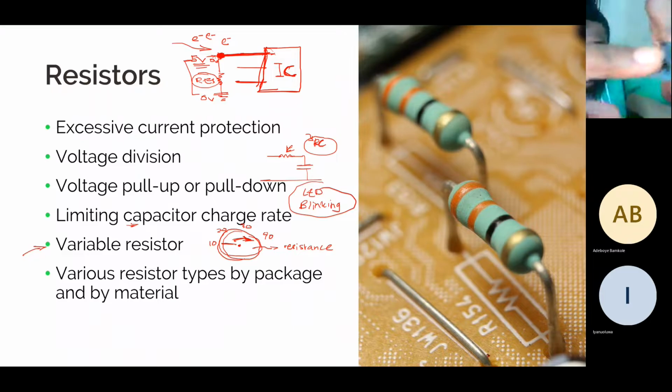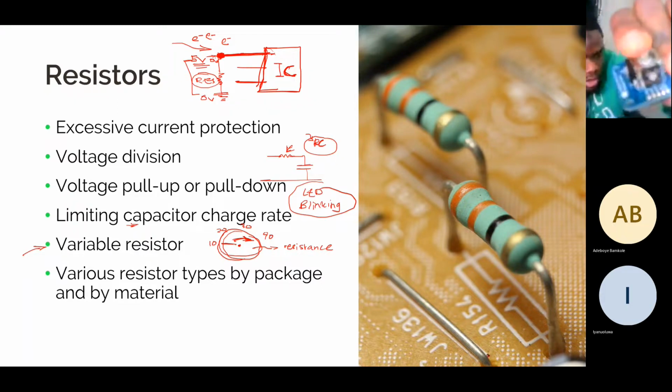It has one on this side and another one on this side. One is for maybe the x-axis, and the other one is for the y-axis. As you push this down and push this up, you're actually varying the resistance of a variable resistor. That's an example of an application of a variable resistor.